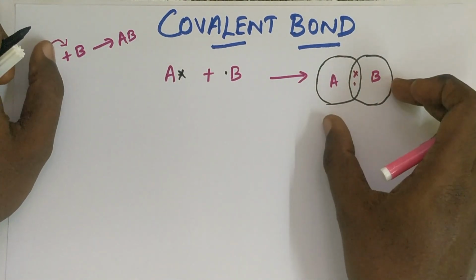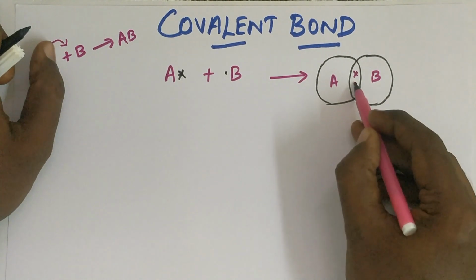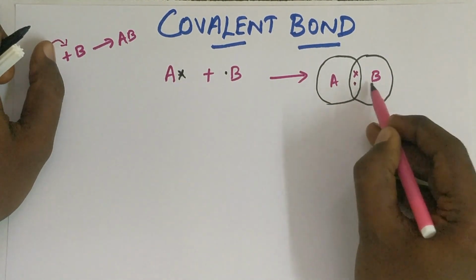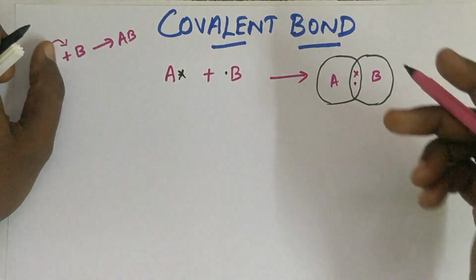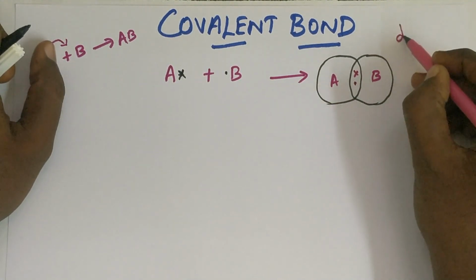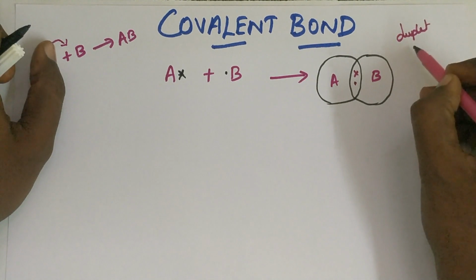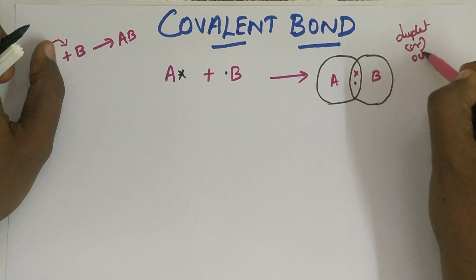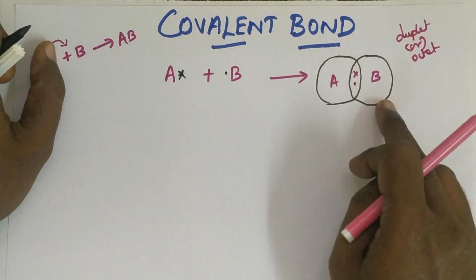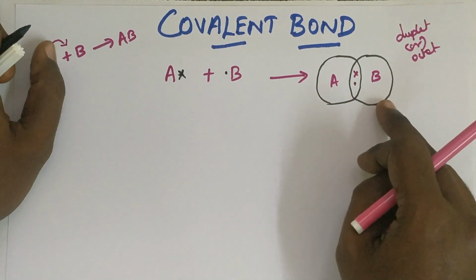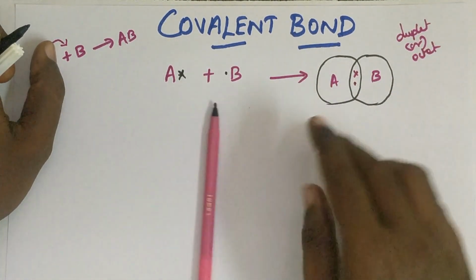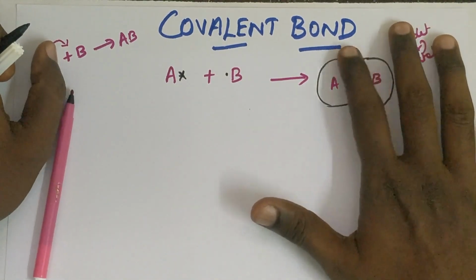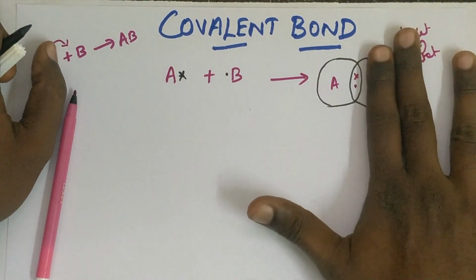Based on this, to form a pair of electrons, both the atoms attain stable electronic configuration. Stable means, as I already mentioned, either duplet or octet. Check the A ring: two electrons are there.